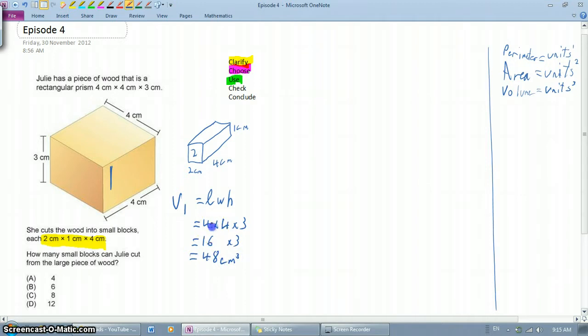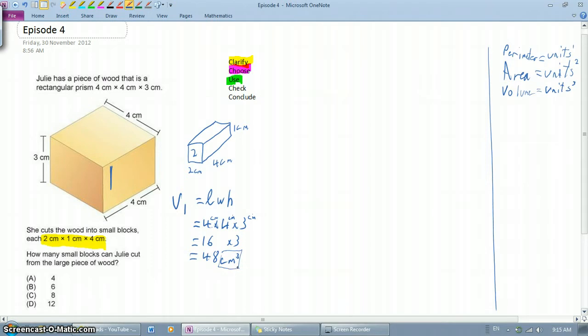Now notice I didn't put in my centimeters, centimeters, and centimeters, which was a bit lazy of me, so I need to include them to ensure I get the top communication marks. So centimeters 1, centimeter 2, centimeter 3, and that all multiplies up to be centimeters cubed.